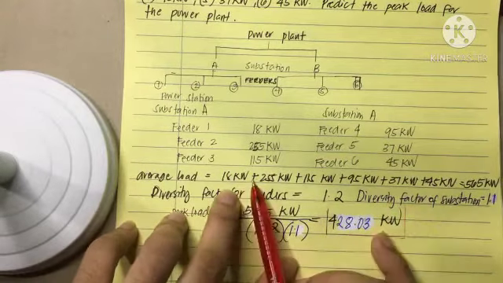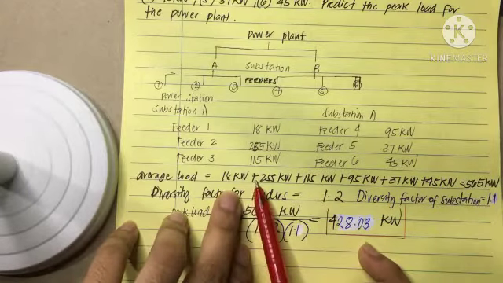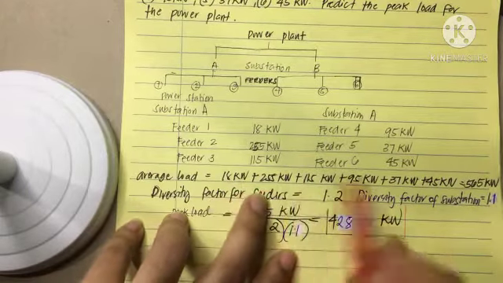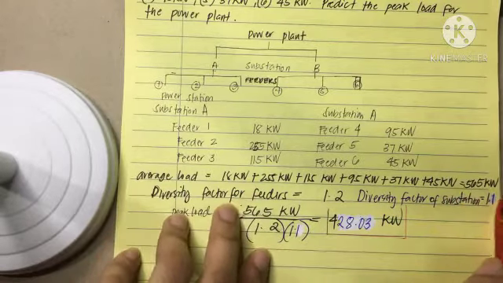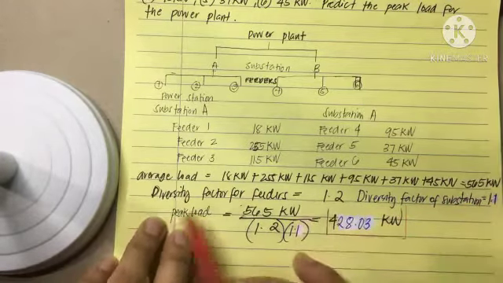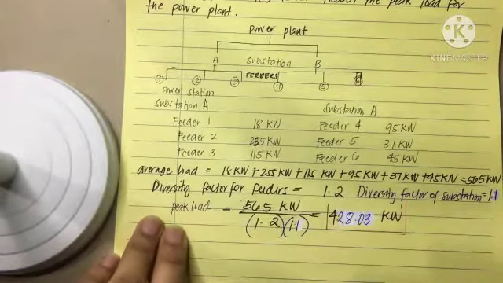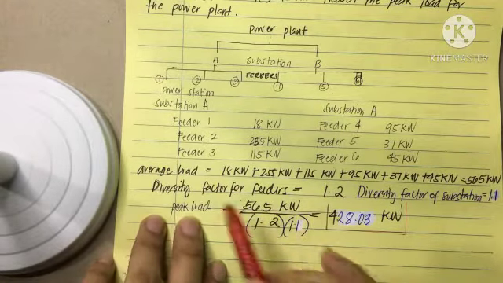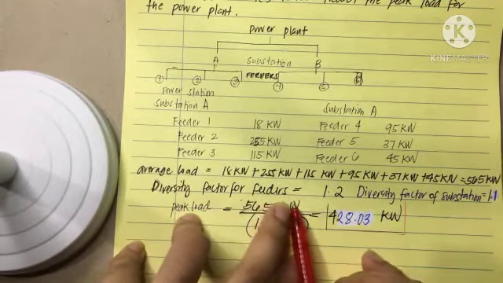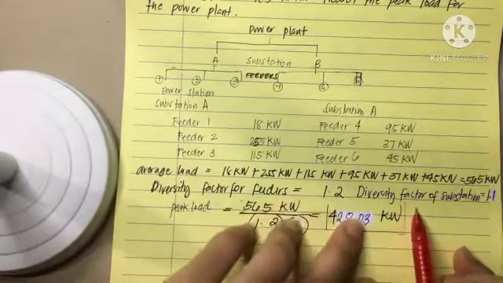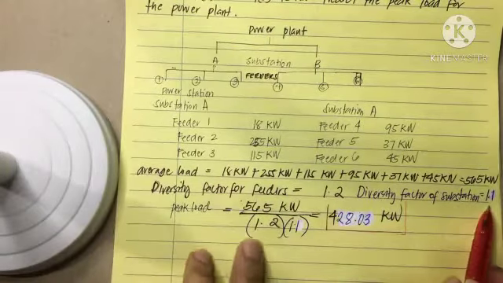By getting the summation, it gives an answer of 565 kilowatts. And next, since we're going to find the diversity factor, given the value of your diversity factor for feeders, we have 1.2. Diversity factor of substation, we have 1.5.